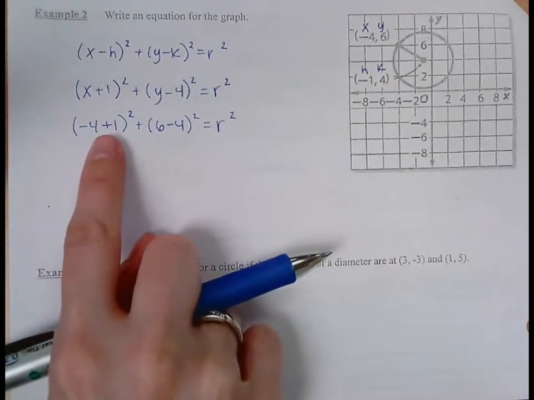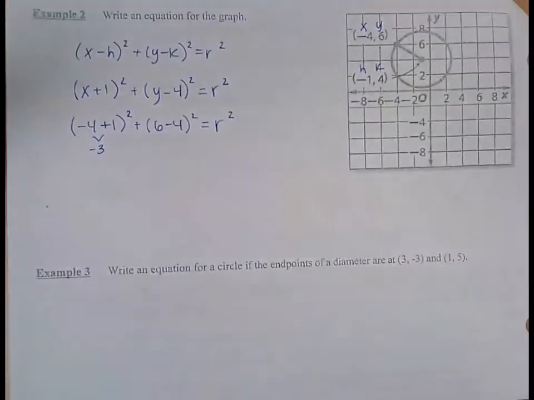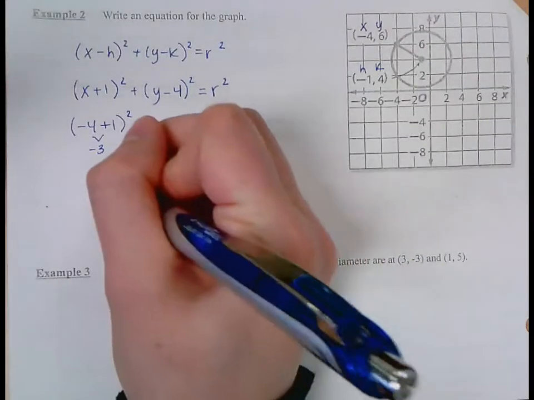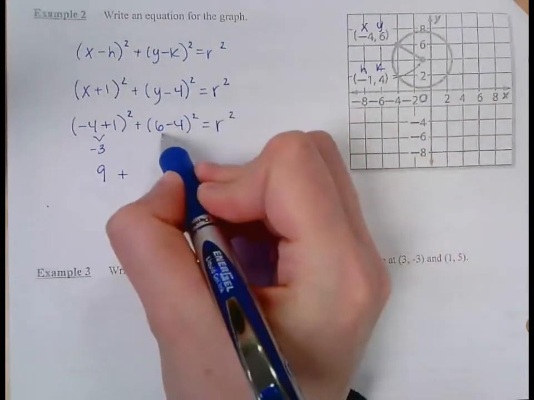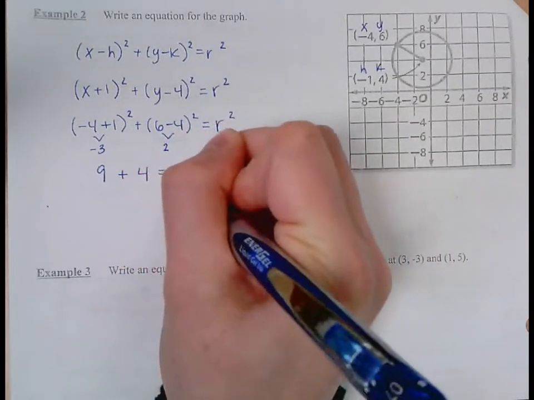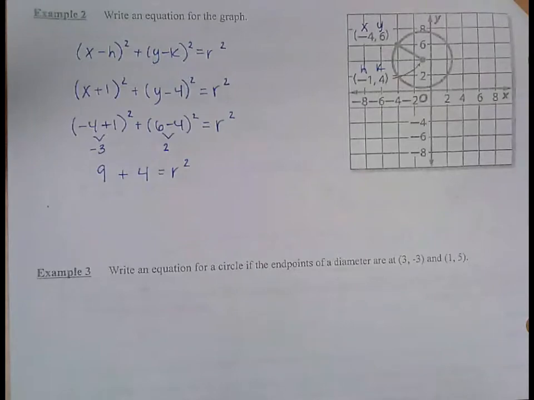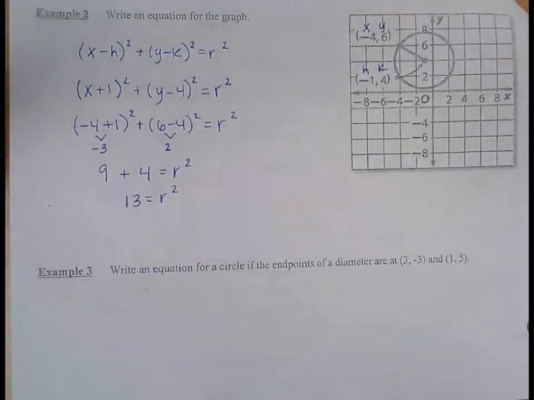So I know -4 plus 1 is -3, and -3 squared is 9. 6 minus 4 is 2. 2 squared is 4. So 9 plus 4 equals r squared, meaning r squared equals 13.